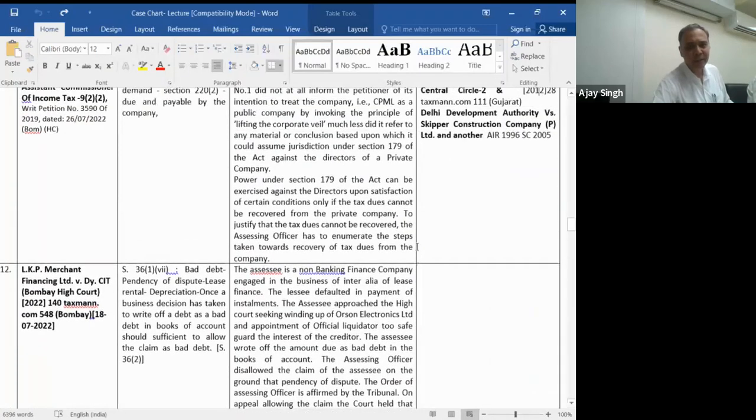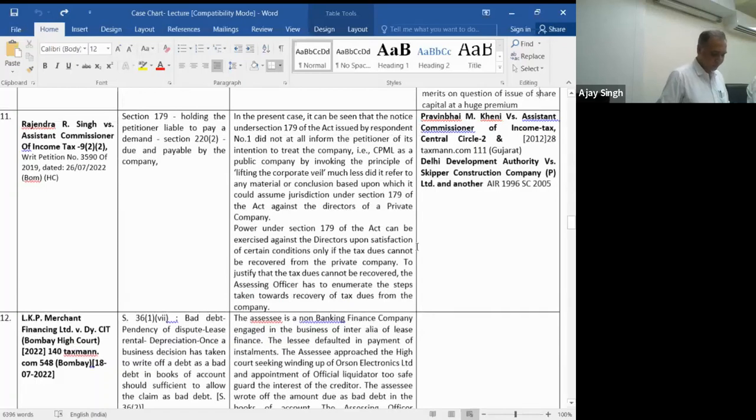So this was a case where the notice under 179 was issued. One of the requirements of issuance of 179, the court has found, is that the assessing officer should record that they had tried to make the recovery from the company and the recovery could not be made.